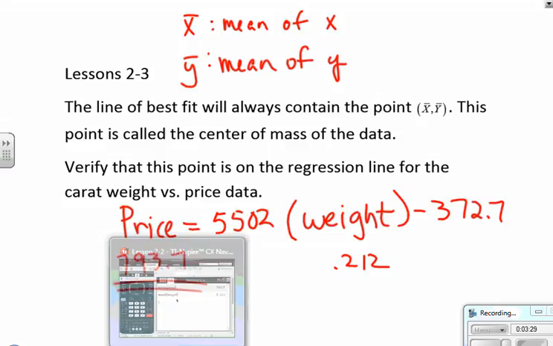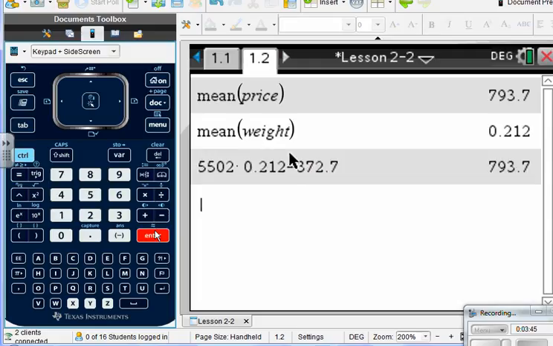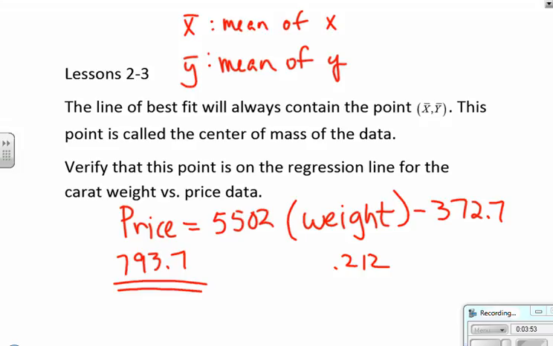On your calculator, you do 5502 times 0.212 minus 372.7, and you get the 793.7 number. So that point works, which means that that point is in fact on the line of best fit.